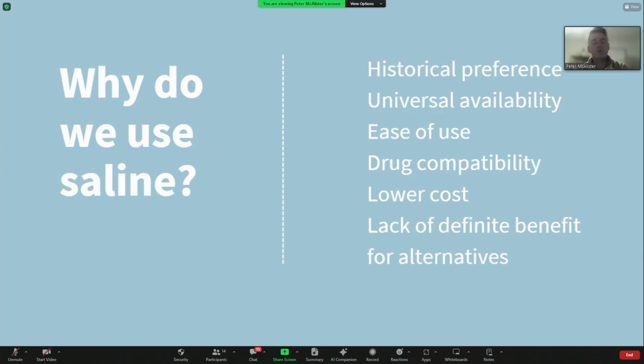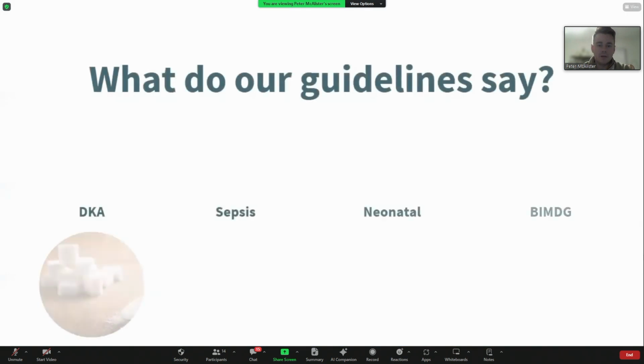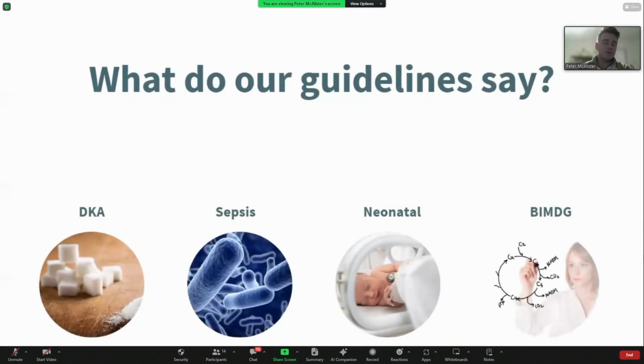And the main point, which I'll touch on now, with regards to the literature, is there's a lack of definite benefit for alternatives. There may well be this scientific thought with regards to the electrolyte balance, with regards to balanced solutions versus saline, but is there strong, compelling evidence to say otherwise? And I would suggest no. So it's important when you're in a stressful situation resuscitating the critically unwell child that you can rely on your guidelines to manage this child in front of you.